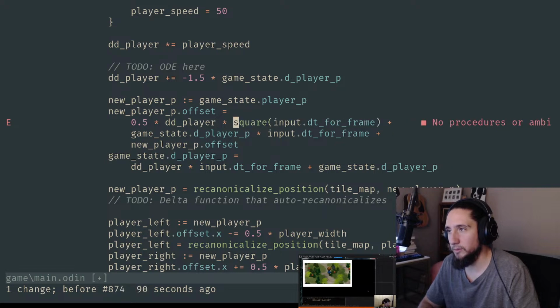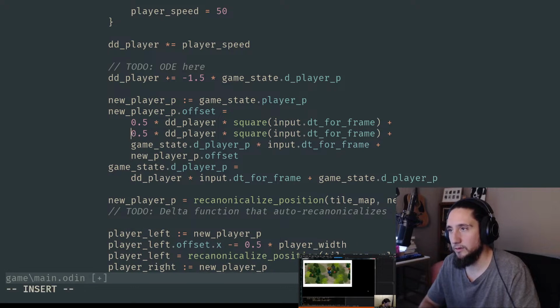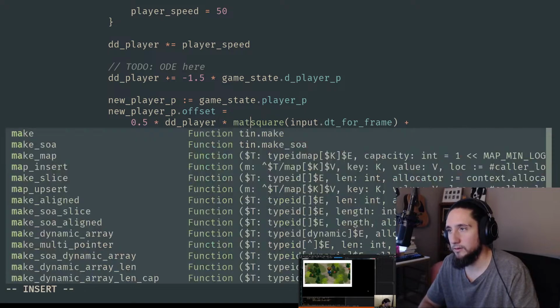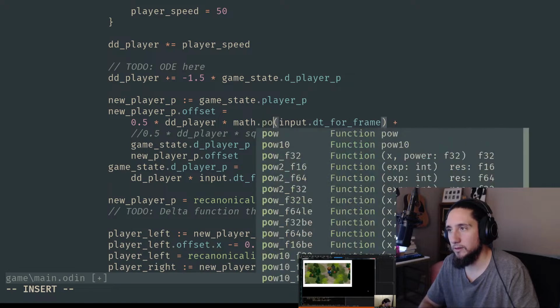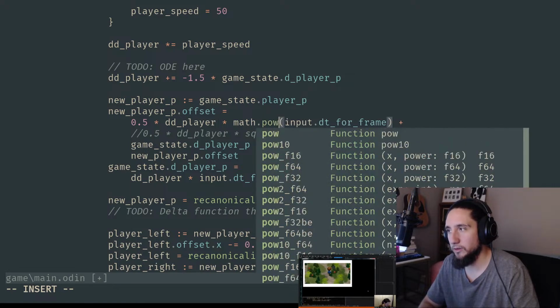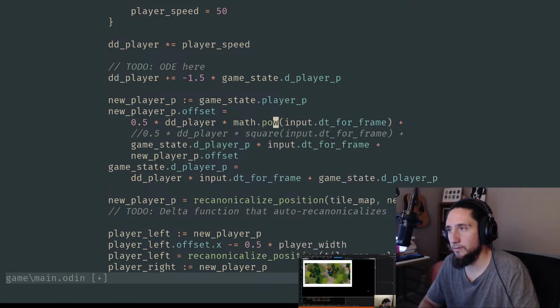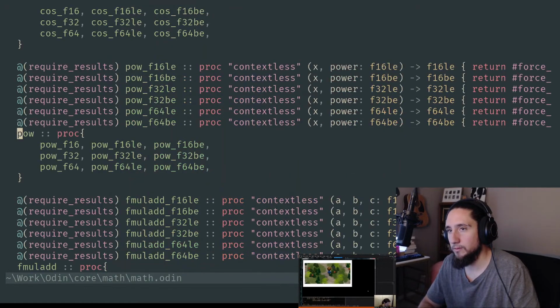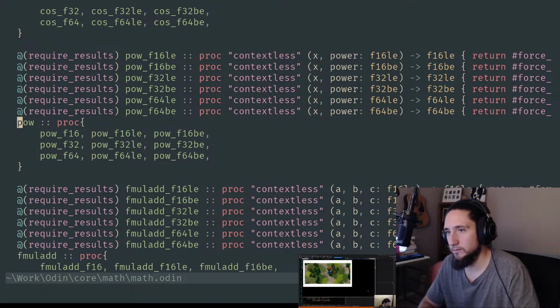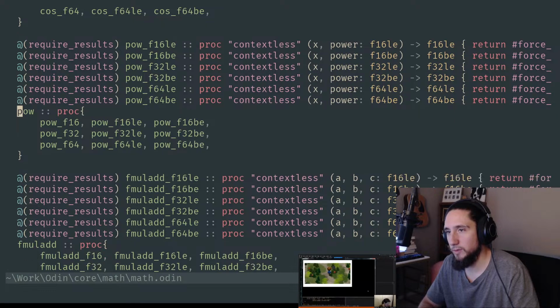I saw it come up. Let's try this again. Math.pow. Function pow. So I can't just call pow. It has to be... No, shouldn't it just be able to infer?